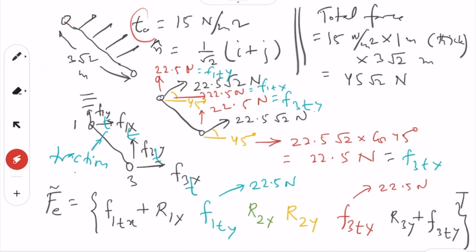Here we have a vector value, so we can take the x component, treat it as a scalar value, and integrate.